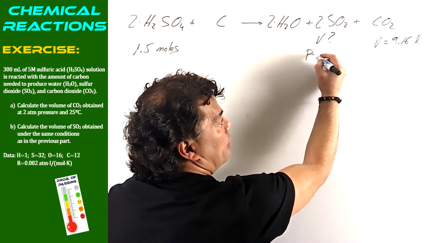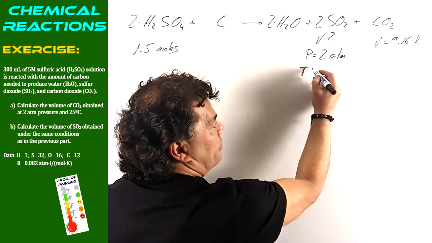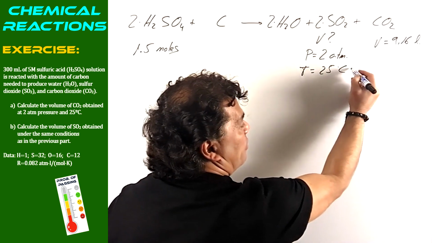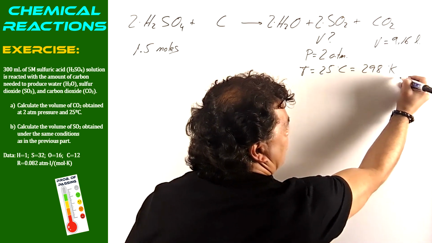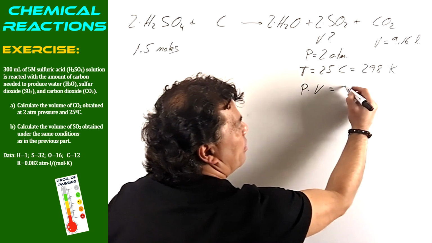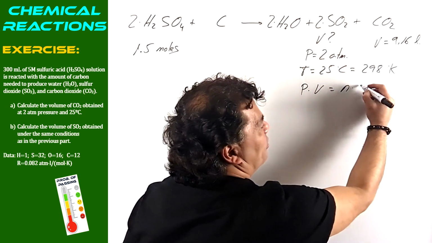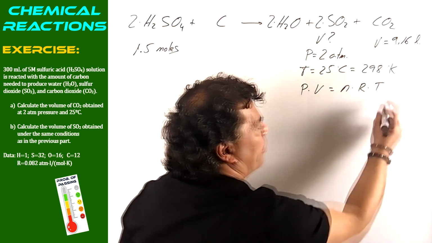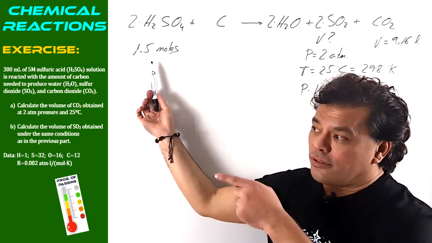The pressure of the laboratory is 2 atmospheres, and the temperature is 25 Celsius degrees, which means 298 kelvins. We are using the same formula. Pressure multiplying volume equals the number of moles of sulfur dioxide, multiplying Rydberg constant, and multiplying the temperature. And we are proceeding just like in the previous section.